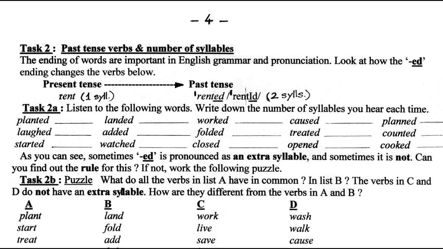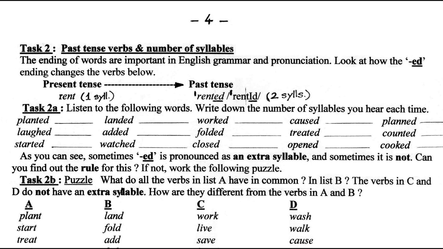So I start. Planted. How many syllables do we have? Yes, 2 syllables. Planted. Great. Next. Landed. How many syllables?